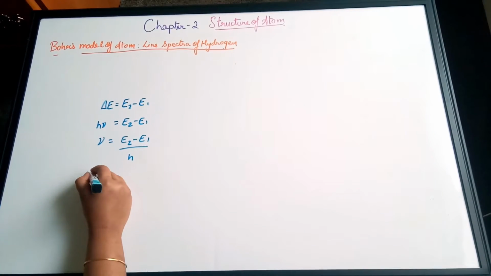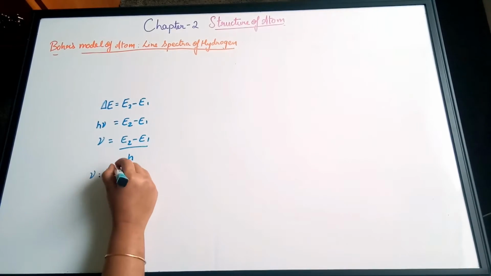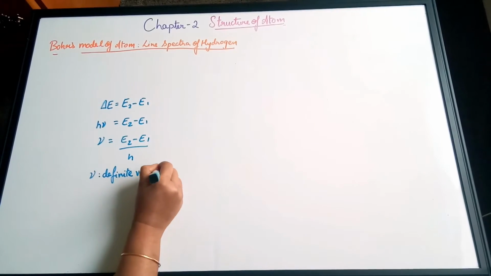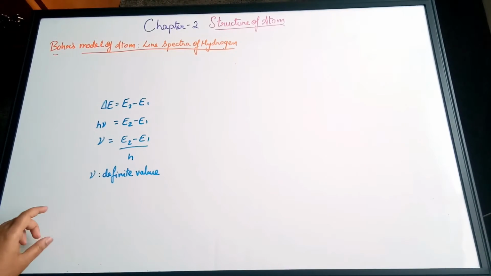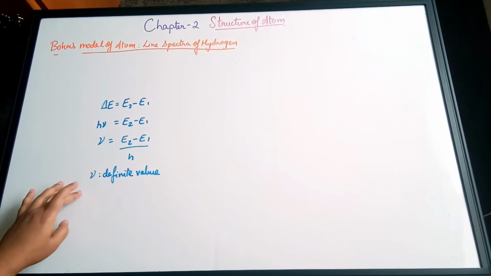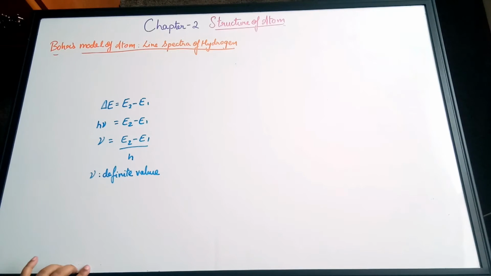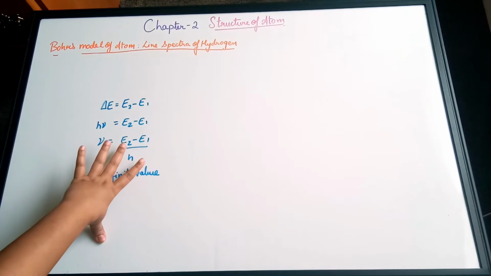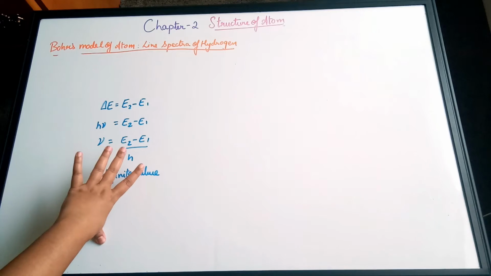So the value of mu will also be a definite value. Okay, so we figured out that the value of mu, that is the frequency, is definite, and it is also dependent on the energies of the levels of the transition.